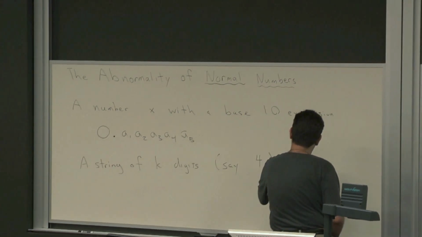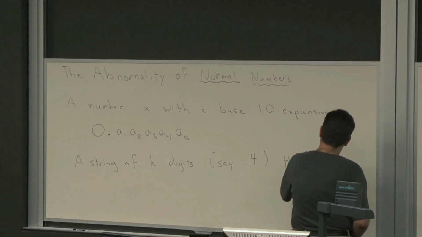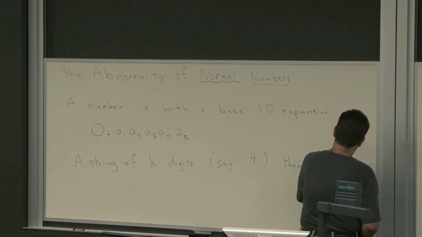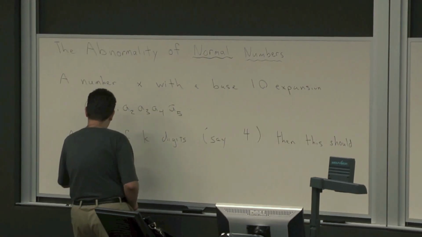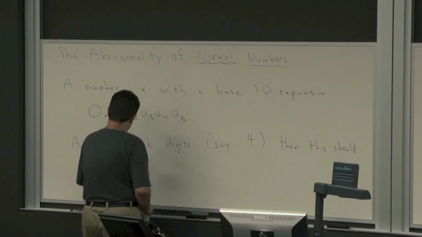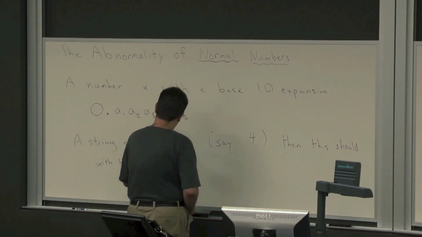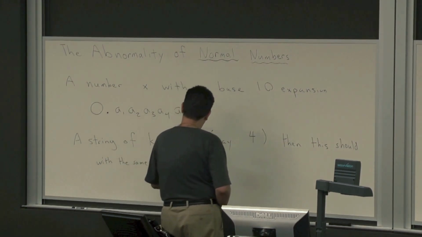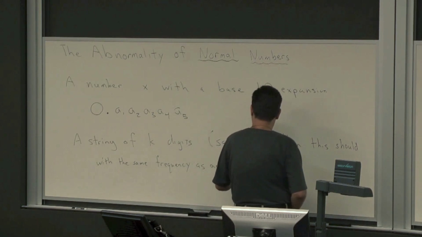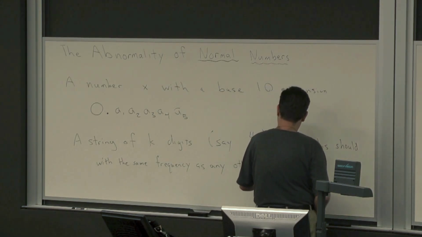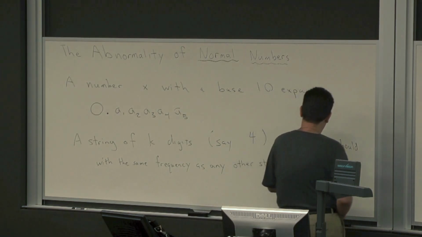Then this should appear in the expansion with the same frequency as any other string of k digits.